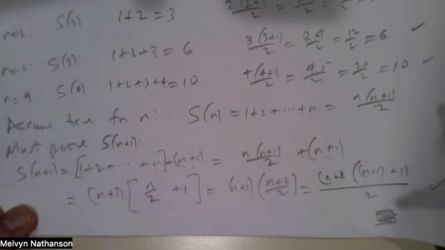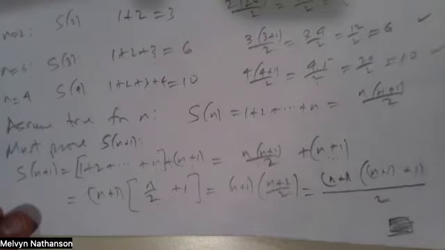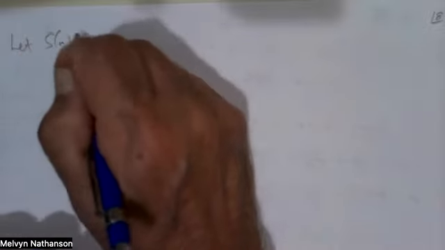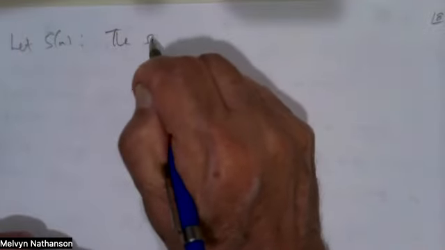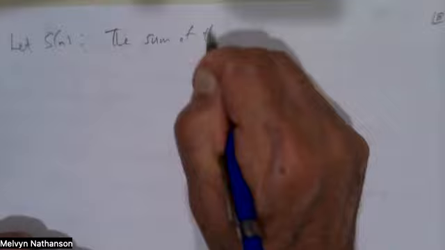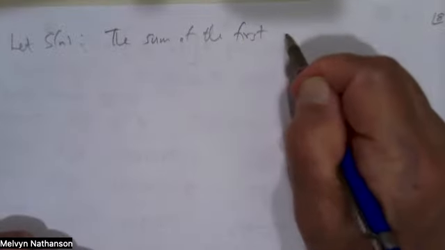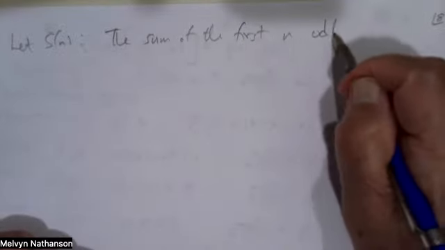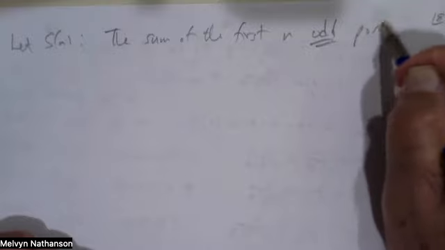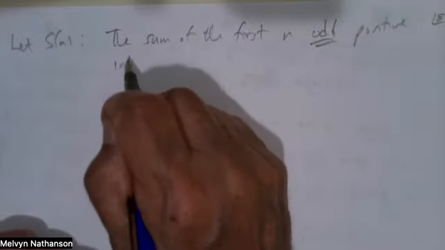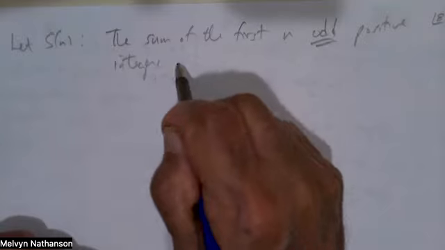Okay, let me continue. Let's look at another example. So suppose S of n is the statement the sum of the first n odd positive integers is miraculously n squared.